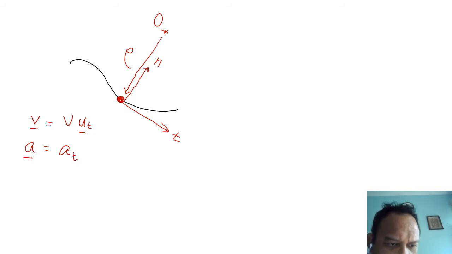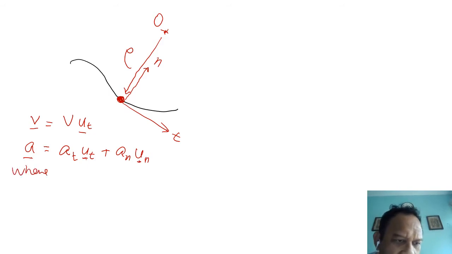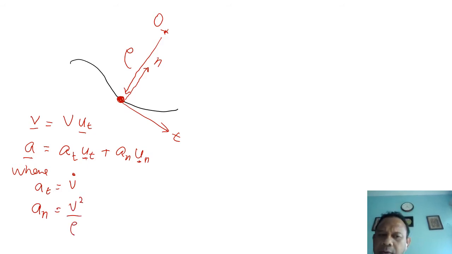Let's call this AT UT and AN UN, where AT is v dot, and AN is v square over rho.